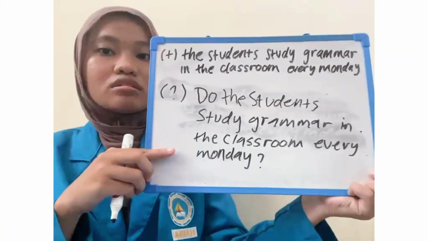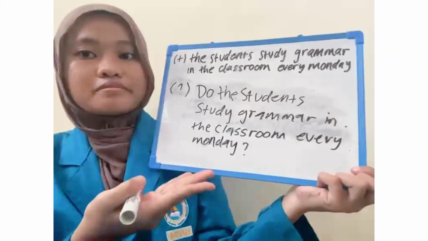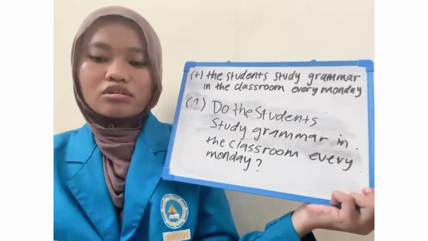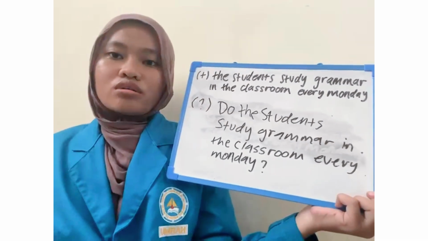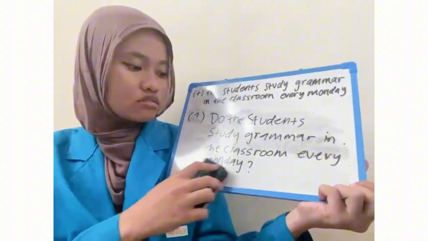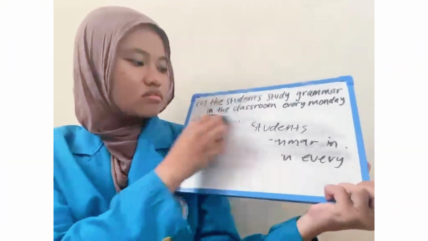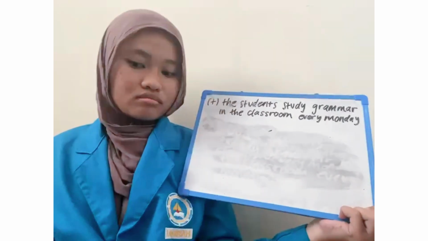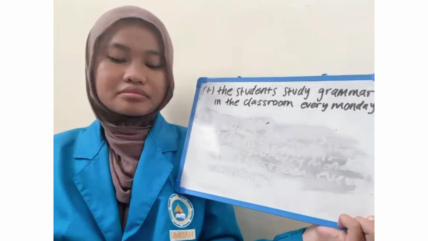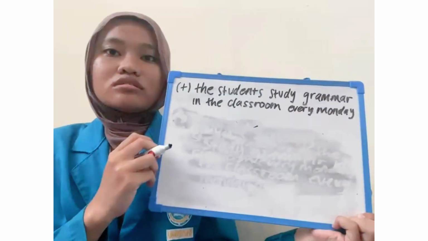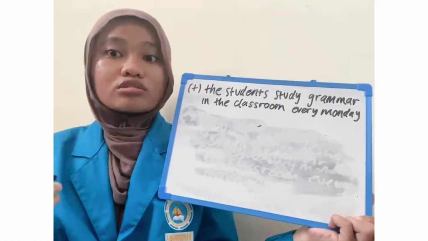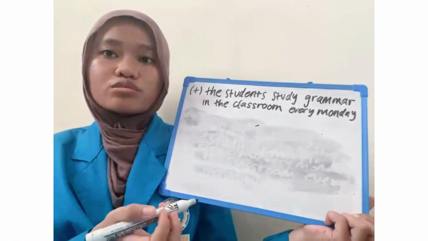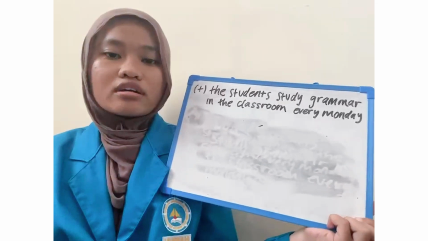So this is the interrogative. We move to the where question. This question asks about the place because the place is in the classroom. We use where.